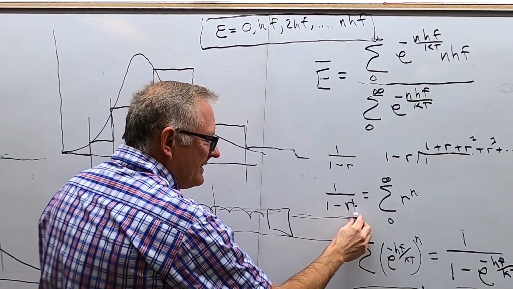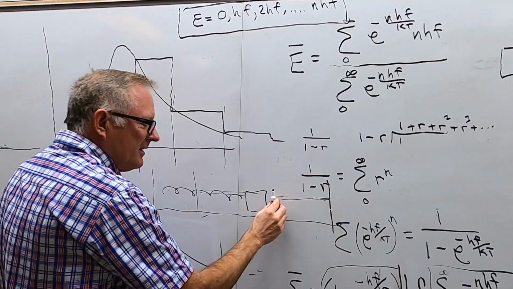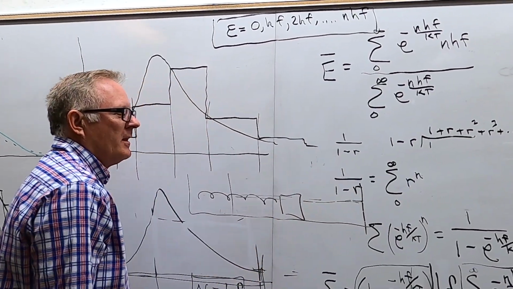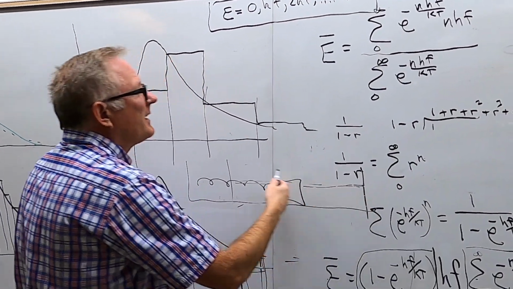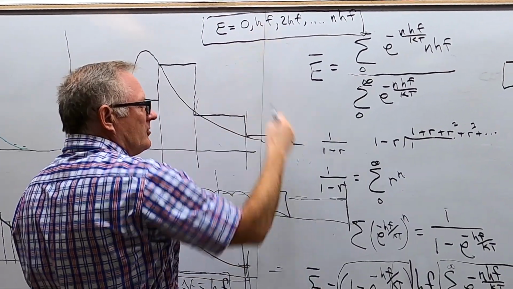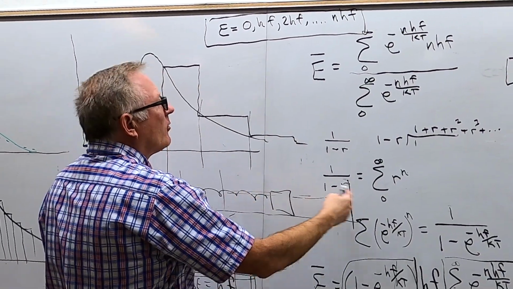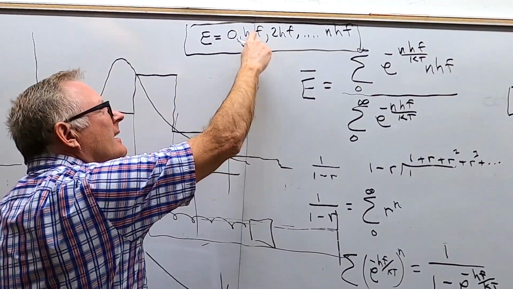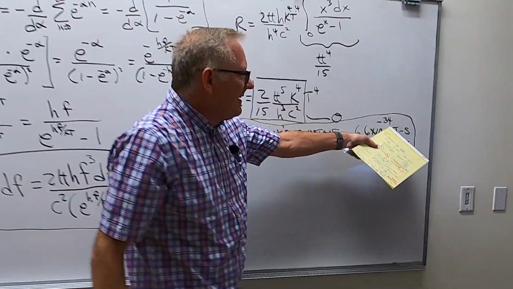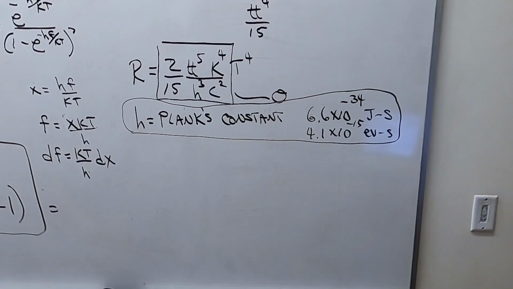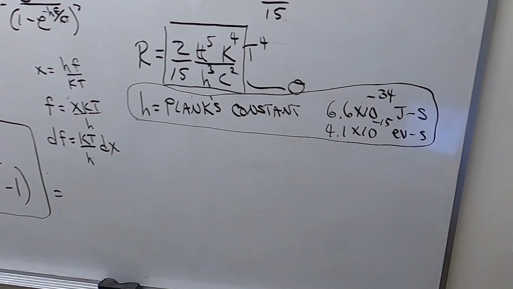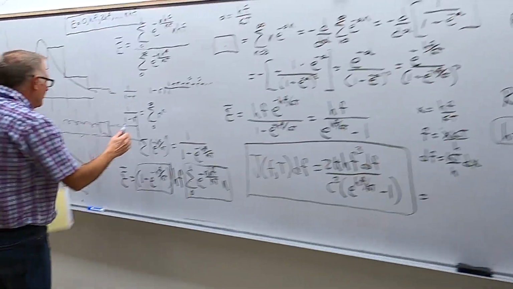So it can only be in this amplitude or this one or this one, and it swings and then jumps to a smaller one and so on. The only reason we don't notice it is because this h is a very small number. If this block were swinging back and forth at 1 hertz, and h is 6.6 times 10 to the minus 34, it would be losing 6.6 times 10 to the minus 34 joules at a shot, and there's no way you're going to see that.